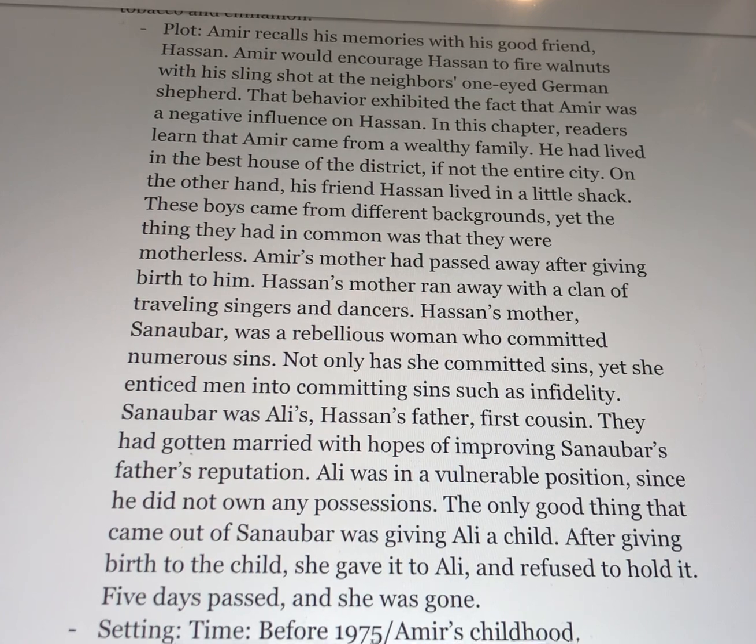Now let me explain a bit. Amir was the son of Baba. Baba was a very influential, strong person, and he was very rich and powerful. Hassan was the son of the servant Ali, and he was a Hazara, and in Afghanistan, the Hazaras were lower class than the Pashtuns.